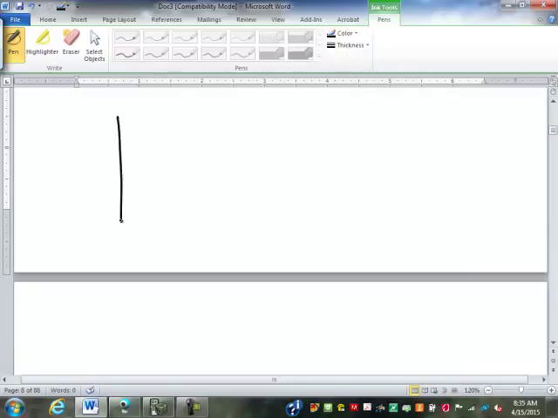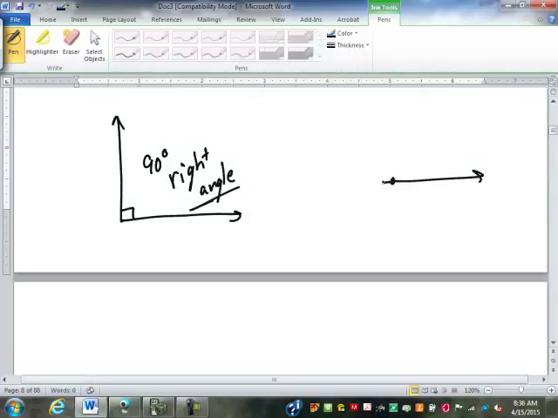We have that angle that makes a square corner, of course, 90 degrees. A special name for it is a right angle. And the one that was 180 degrees, well, yeah, a line. But if we're looking at it in terms of an angle, it's called a straight angle.